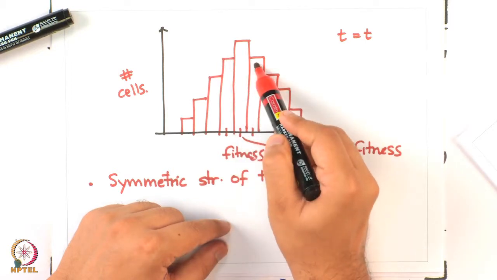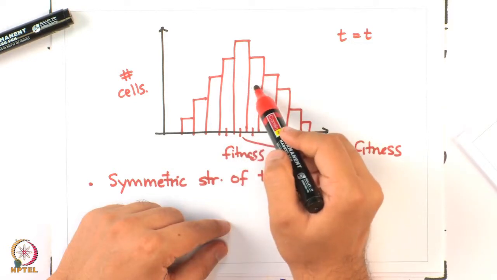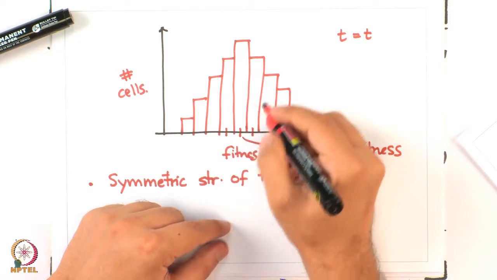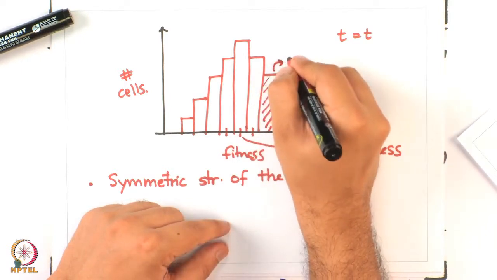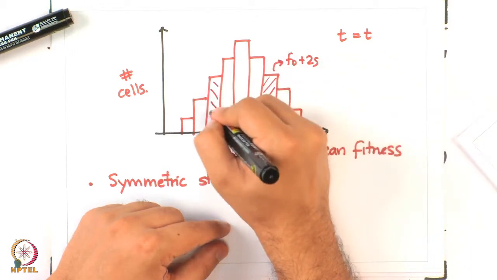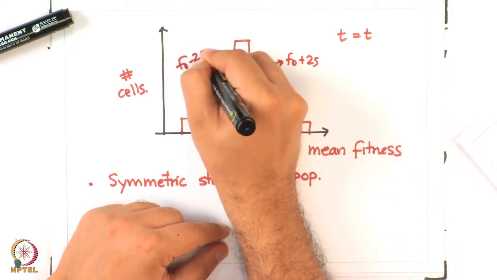So, if we add these two together, the plus s and minus s cancel each other out, and the mean fitness will come out to be exactly f naught. Similarly, this bunch of individuals has a fitness f naught plus 2s, and this bunch has a fitness f naught minus 2s.